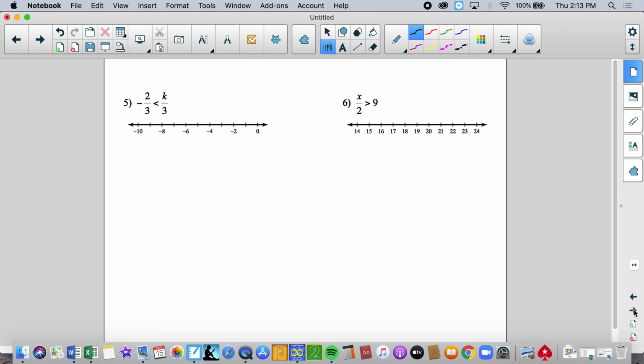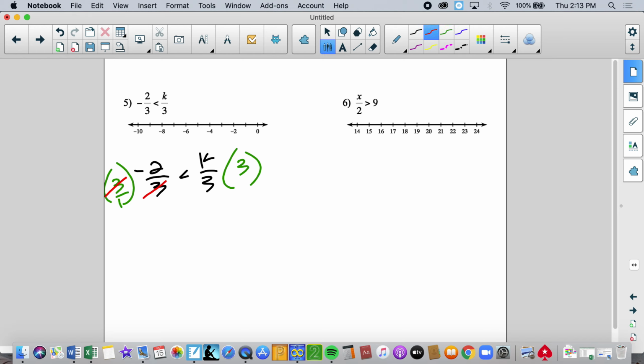Number 5, we have negative 2/3 is less than k over 3. The variable is being divided by 3, so we are going to multiply by the reciprocal, but also the inverse of dividing by 3 is multiplying by 3. We have 3 over 1 times negative 2/3.